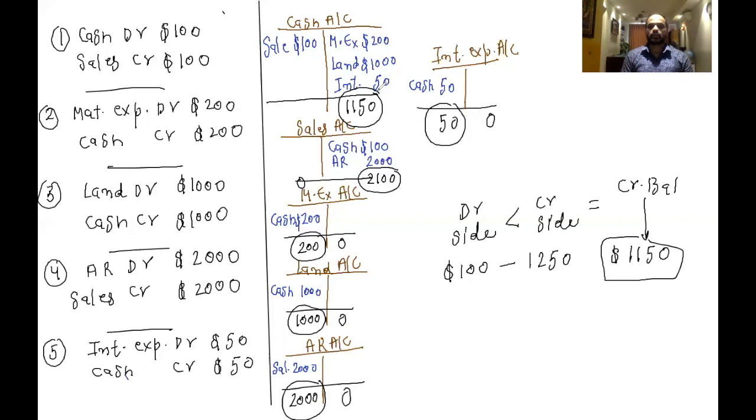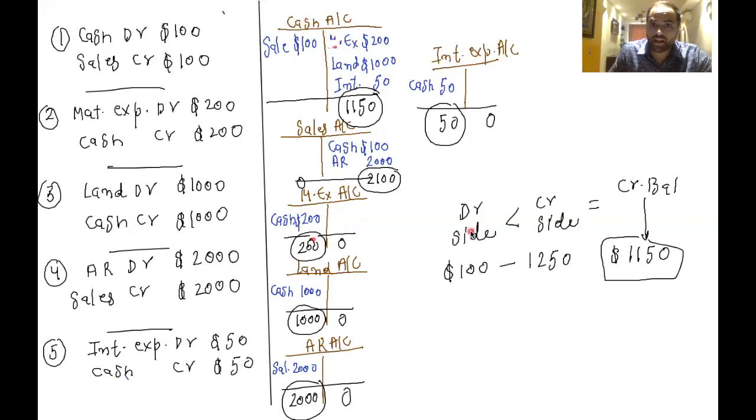Understand? So always check if your balances are on one side. If your balances are on one side, then it's simple, because this minus this will be this. So 200 minus 0 will be 200, right? But in the cash account, you have balances on both sides.